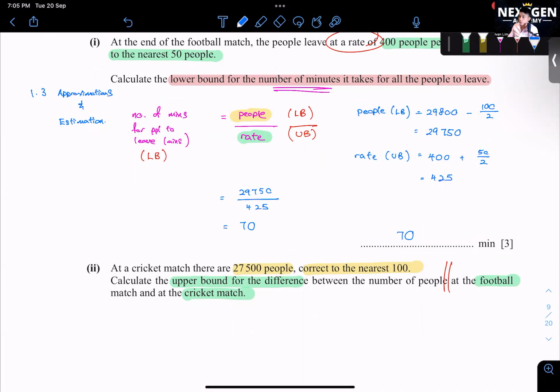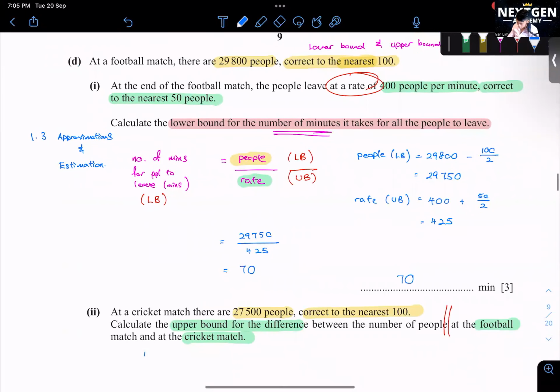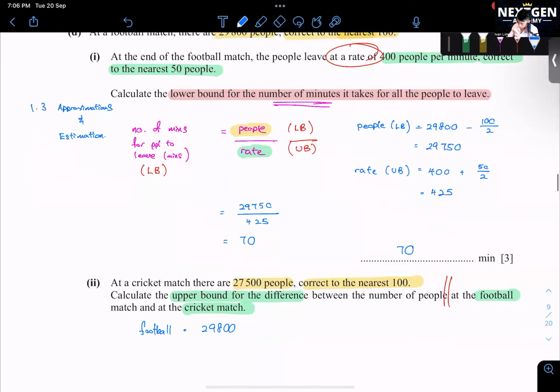Which one got more people? The football match, which has 29,800 people. The cricket match got 27,500 people.